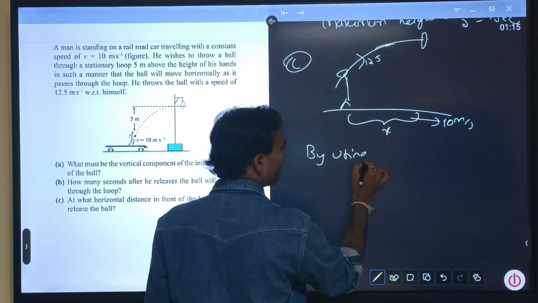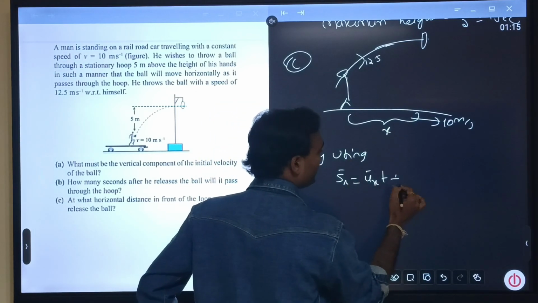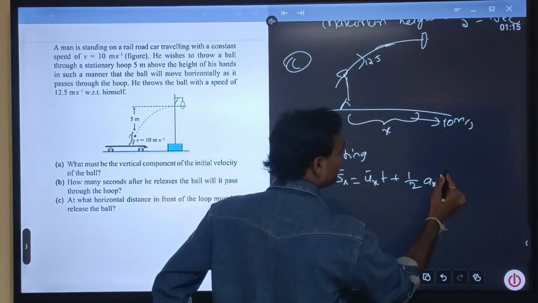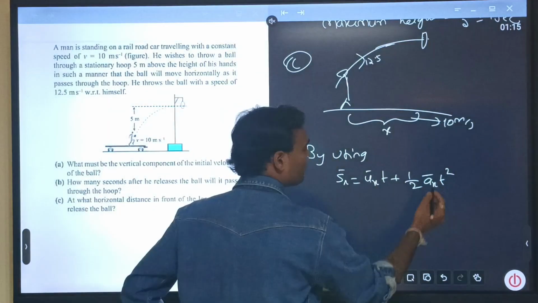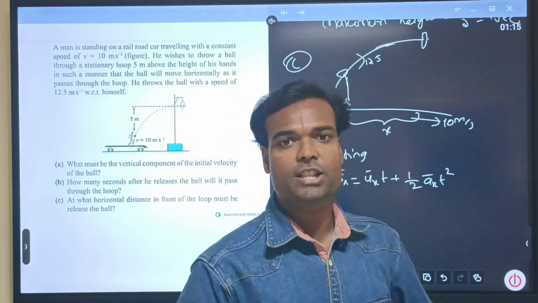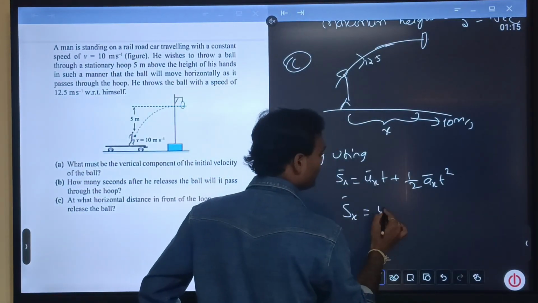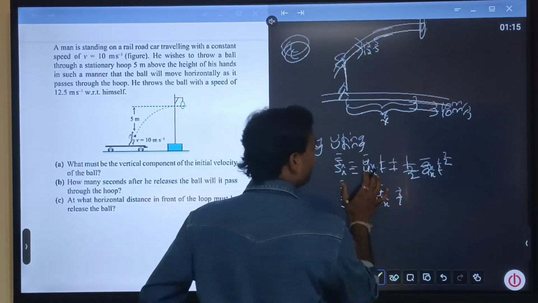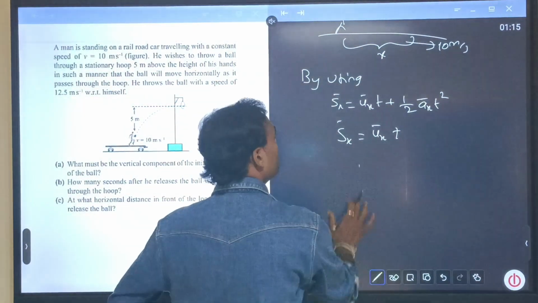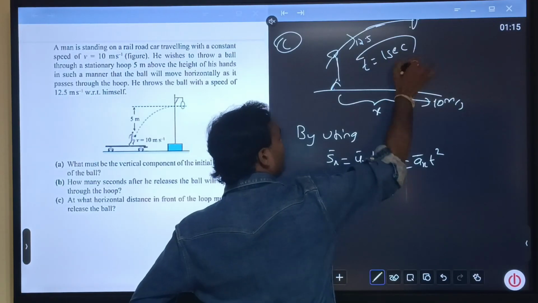Now by using Sx is equals to uxt plus half axt square, and acceleration on the x-axis is not represented in the question. So we can consider ax is 0, then Sx is equals to ux into t, and the time taken from this point to this point is 1 second, which we had just found.